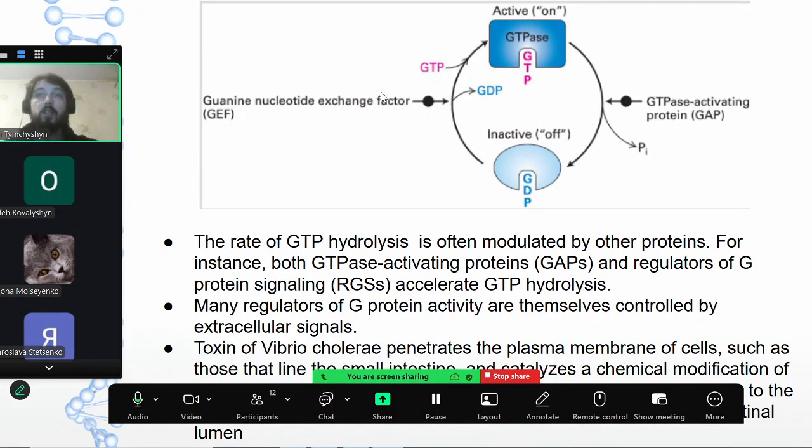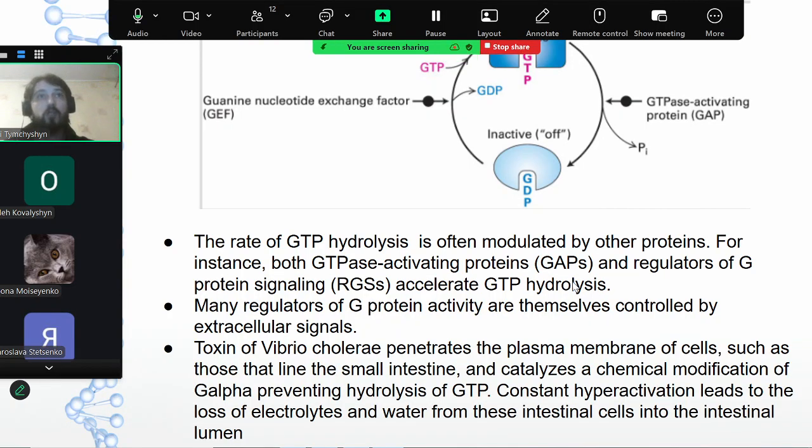Here is an example of the life cycle of the G protein. Here you see it has some sort of GTPase activity, and it is in the on state when it is bound to GTP. When this activity transforms GTP into GDP, you get the off state. So you have some sort of timer ticking inside that G protein, ready to disable the signal and thus stop transducing that signal downstream to the subsequent proteins.